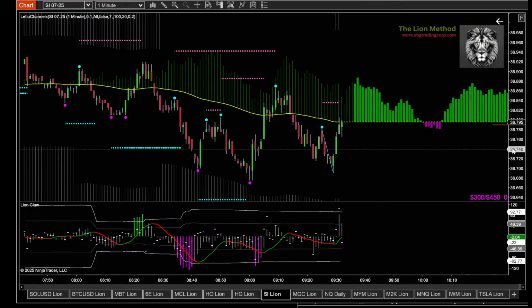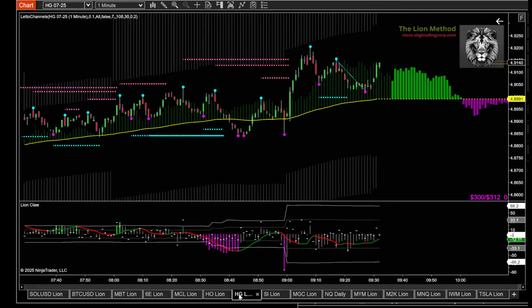All right, big positive delta in silver here. Copper could be setting up for a swing trade or a trend trade. I'm not eager to jump in yet. Longer term trades.